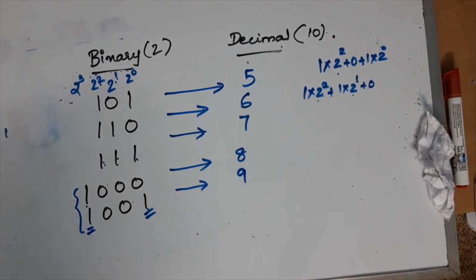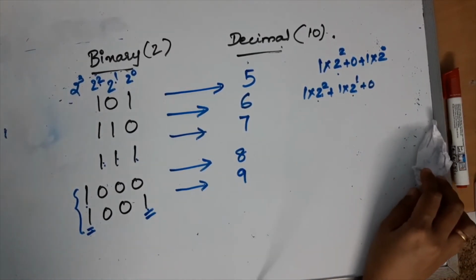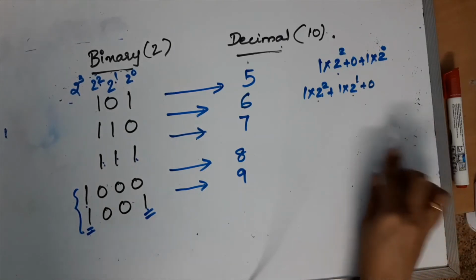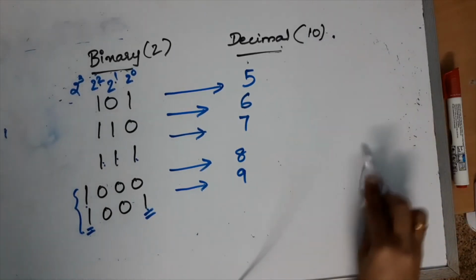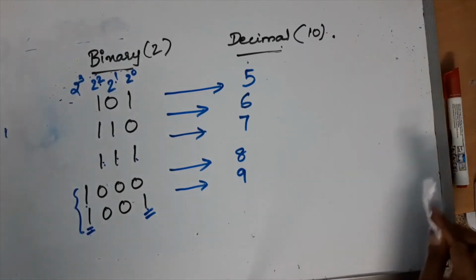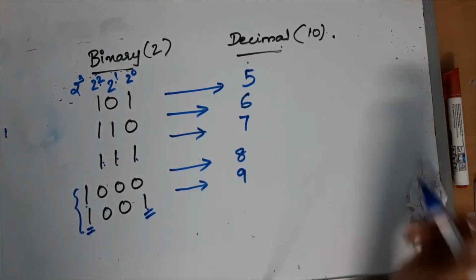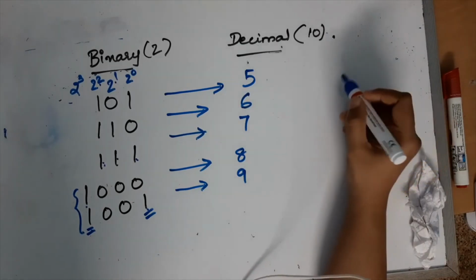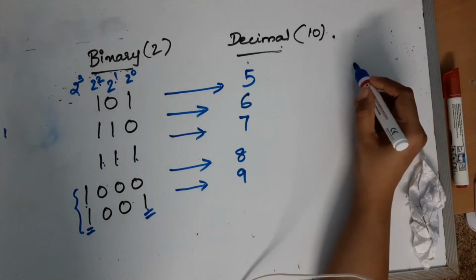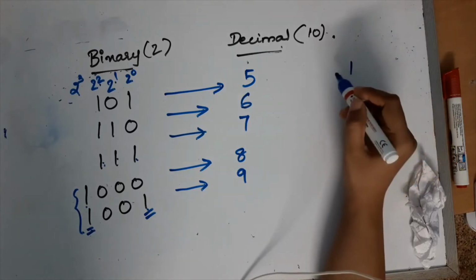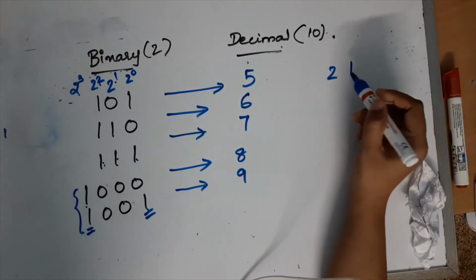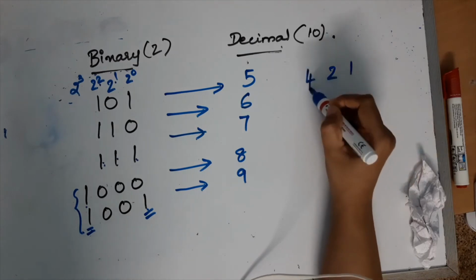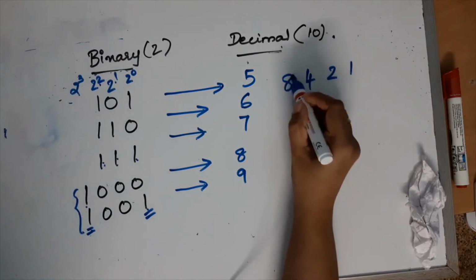So in short, there is an easy way by which you can find out the equivalent decimal value of a binary number. So how do you do that? We'll just write the values. Instead of writing 2 raised to 0, 2 raised to 1, 2 raised to 2, 2 raised to 3, we'll just write 2 raised to 0 is 1, 2 raised to 1 is 2, 2 raised to 2 is 4 and 2 raised to 3 is 8.